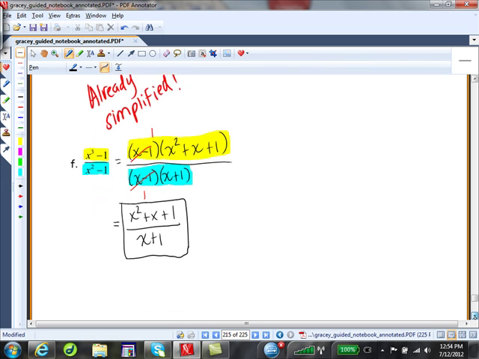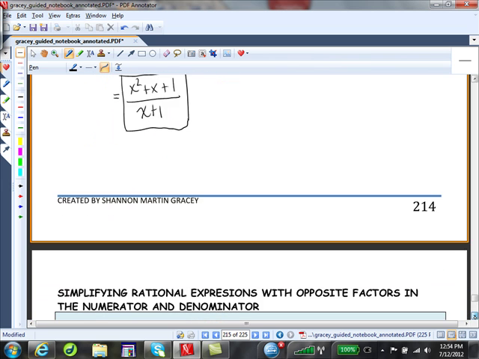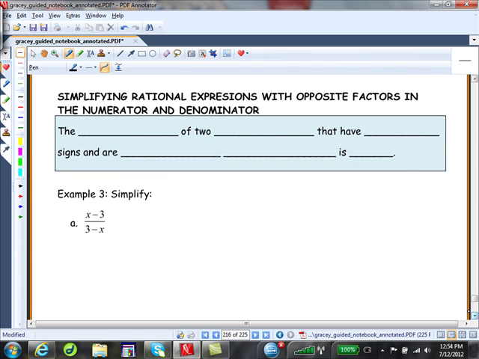Alrighty, next up. Simplifying rational expressions with opposite factors in the numerator and denominator. So here we go.